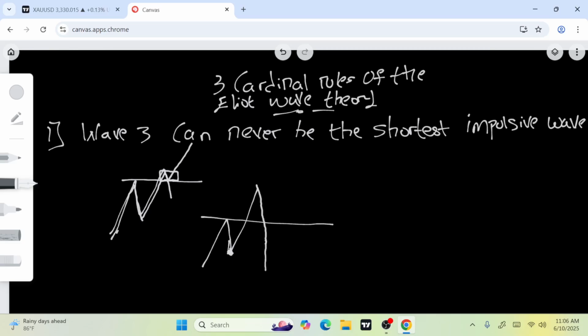Anything that makes it come below this point has broken the structure of an uptrend, because you can only calculate your wave in a trending market. Now if it has gone below this point, it has broken the structure of your uptrend. So it must not break below the previous impulsive.